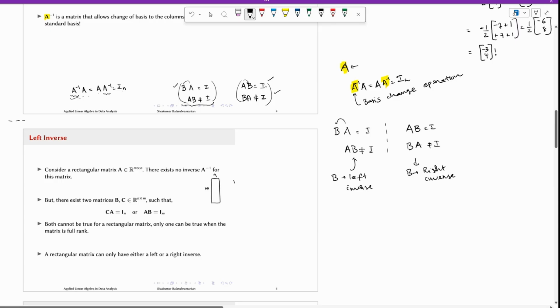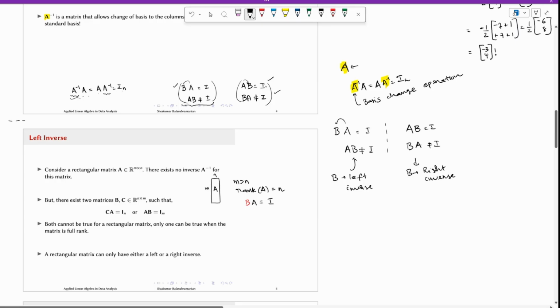In this case, M is greater than N. I'm going to call this the matrix A. If it's full rank, what is the rank of A? N, yes. Smaller of the two. A will have a left inverse. Some matrix B such that if I multiply B and A, I will get I.